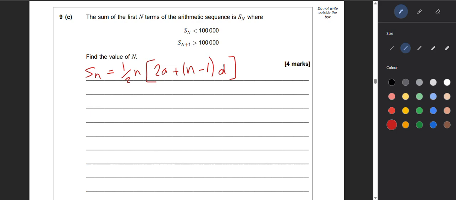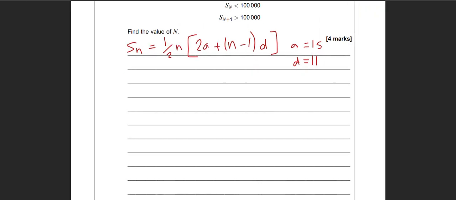So we're using that. And then we already know from what we worked out before that A was 15 and D is 11. So let's put both of those in there.